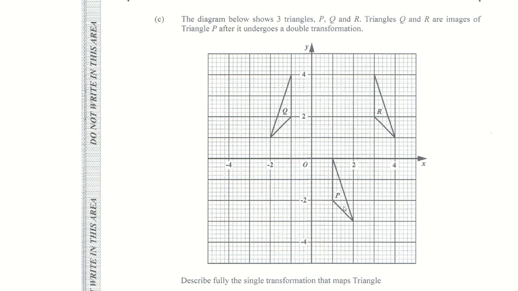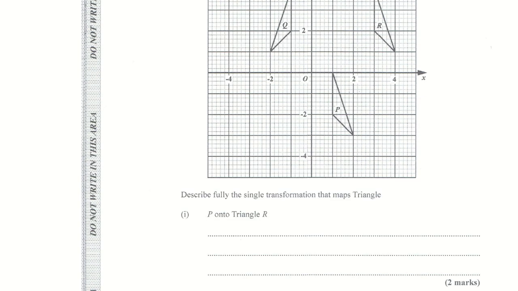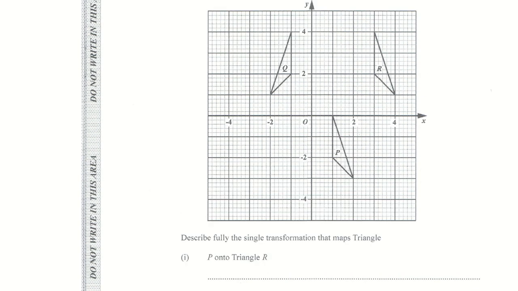So it went from, I believe, P to R and then R to Q. Describe fully the single transformation that maps triangle P onto R. Now, they have the same orientation, so immediately it's not a rotation, it's not an enlargement, it's not a reflection. So I would say this is a slide.